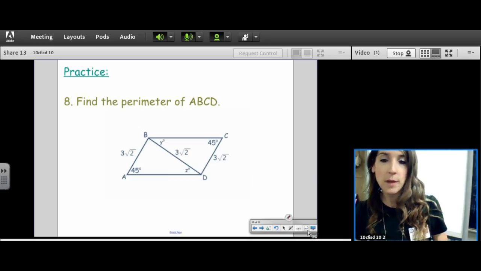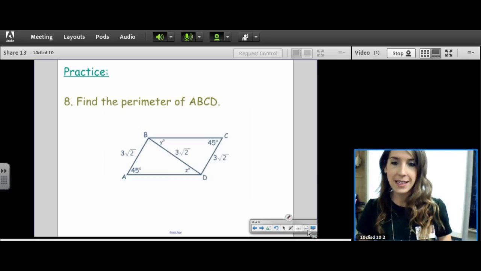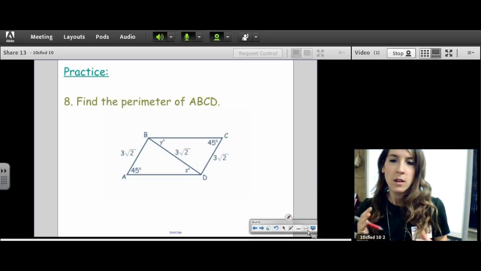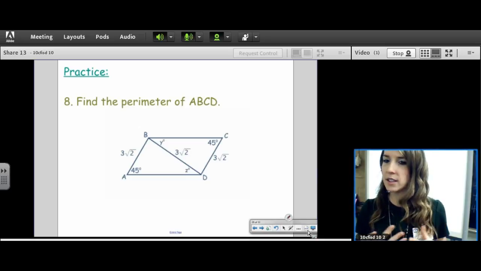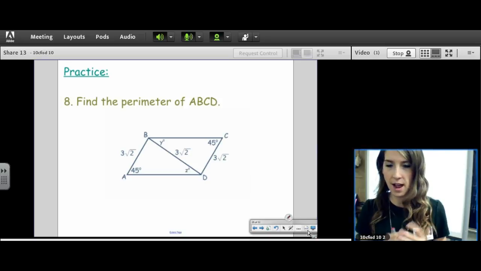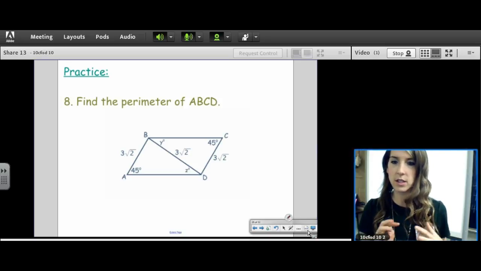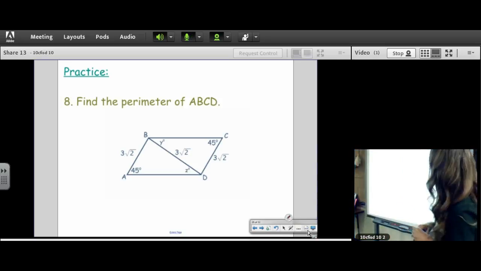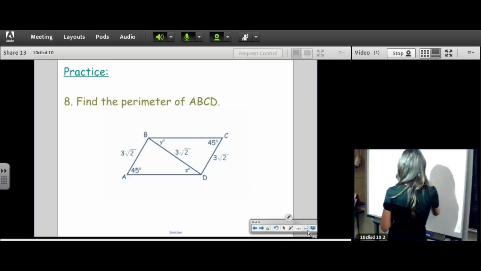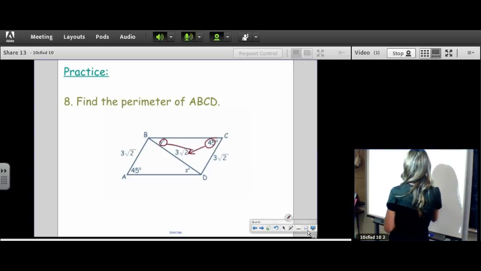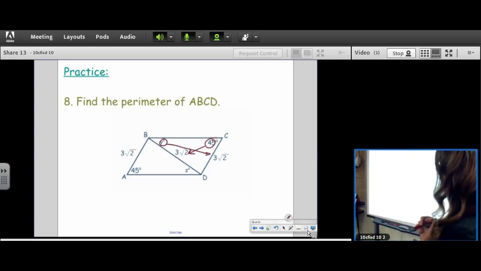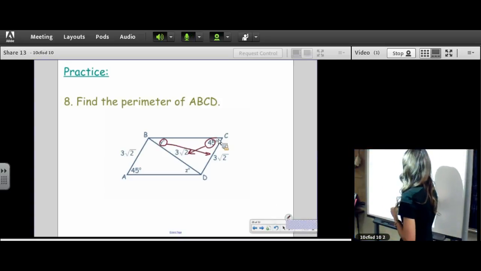Ooh, find the perimeter of ABCD, which is a parallelogram. The scaling of the picture is a little weird. The sides that are congruent don't really look congruent, so just be careful there. If this is 45, and it's across from 3 root 2, then what's that angle if it's also across from 3 root 2? 45, right?